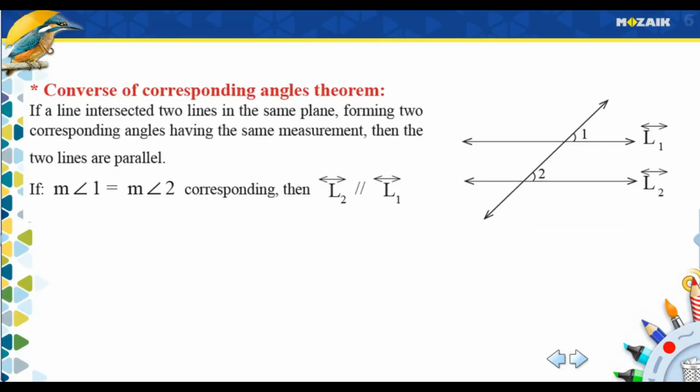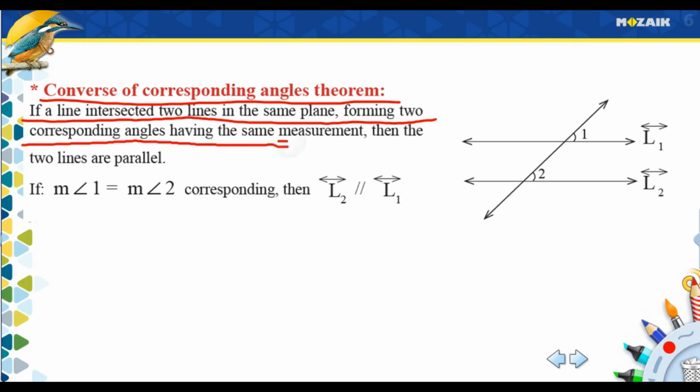Now, the converse of the corresponding angles theorem. If a line intersects two lines in the same plane, forming two corresponding angles having the same measure, then the two lines are parallel.